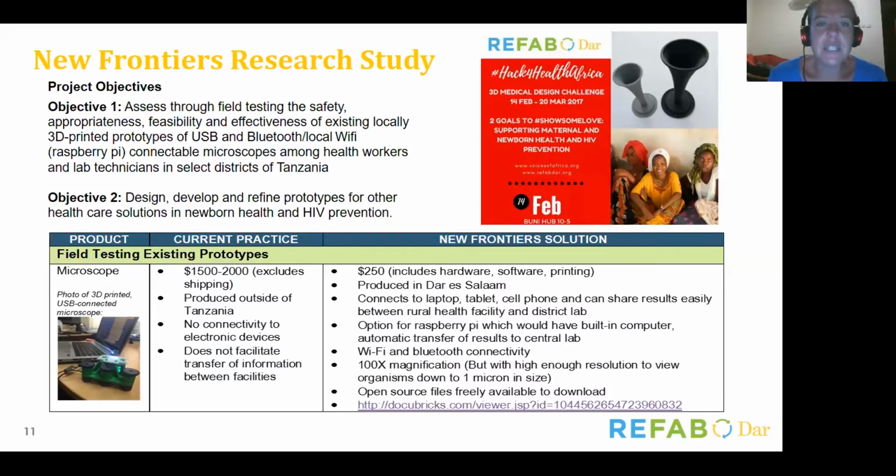But we are focusing predominantly on newborn health and HIV prevention. So that is those neonatal aspirators, those penguin replacements, as well as pieces for birthing kits.